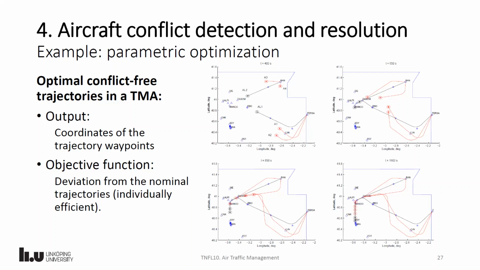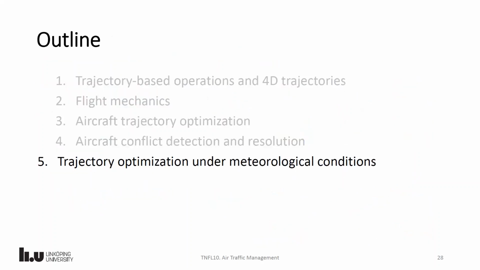There is a lot of research done on this topic, and also being done as we speak, because it's a very relevant topic and it has a lot of potential benefits for ATM. And then finally, we have trajectory optimization under meteorological conditions.